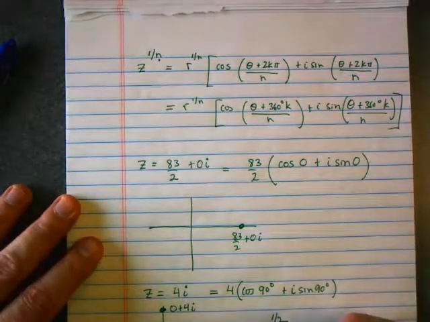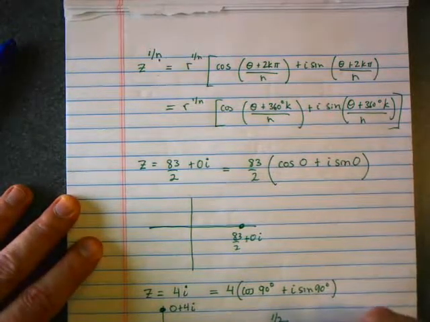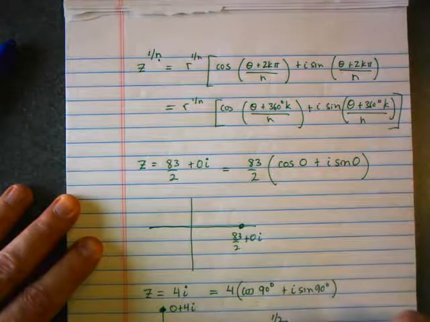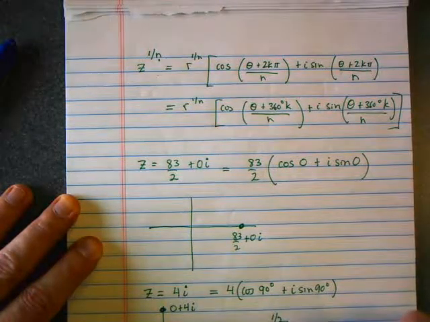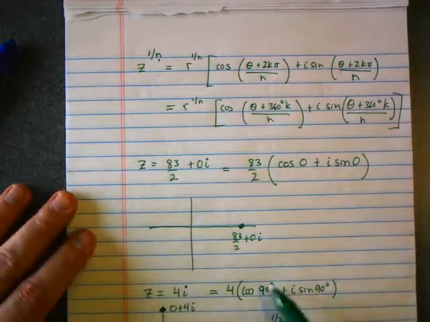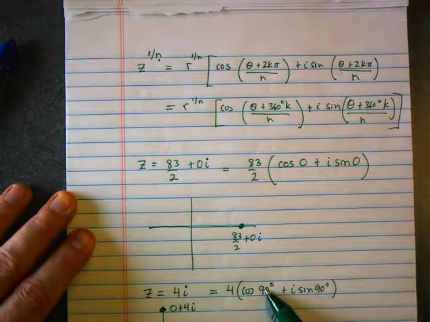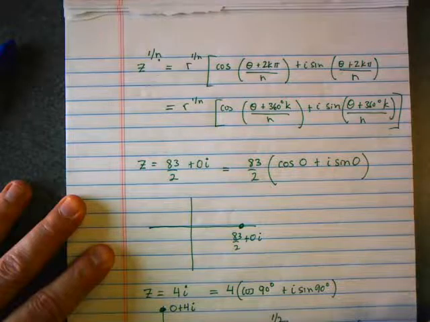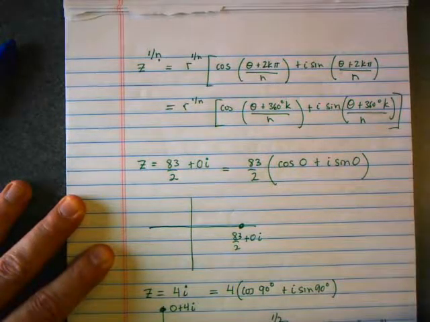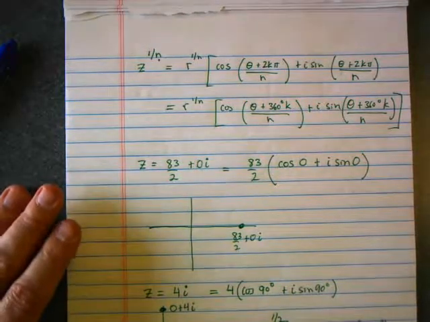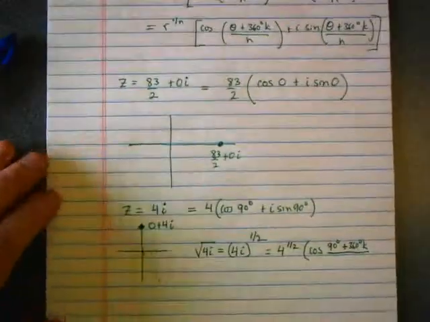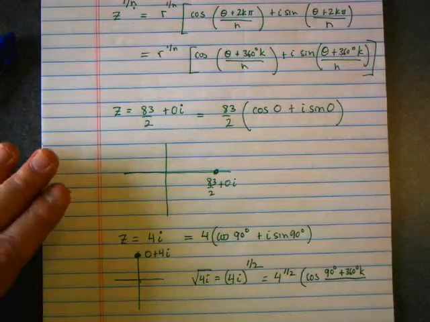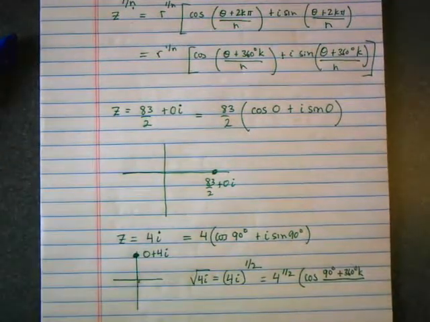So that's going to be 4 to the 1/2. And then I'm going to have cosine of theta. Theta is 90 degrees. That's what we started with. So it's going to be 90 degrees plus 360 degrees k over n. What's n? Can I move the paper so you can see what I'm writing? Sure. What's n?